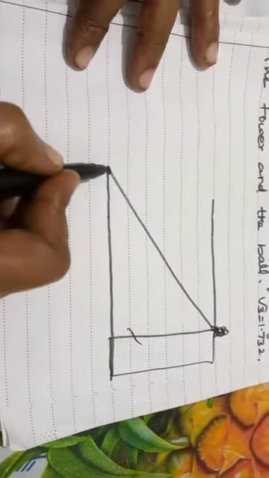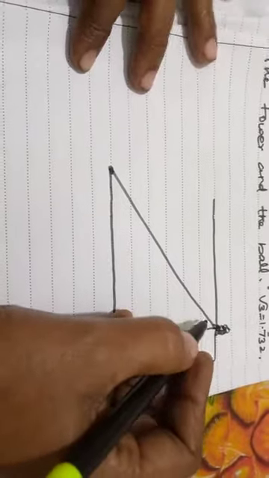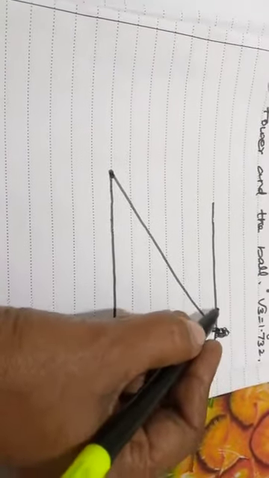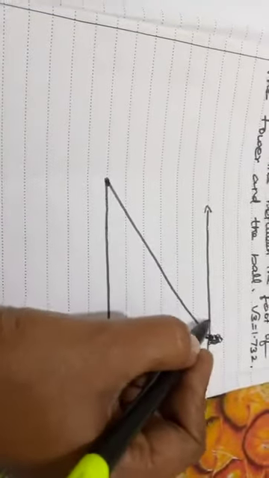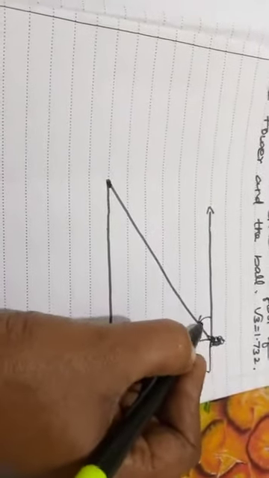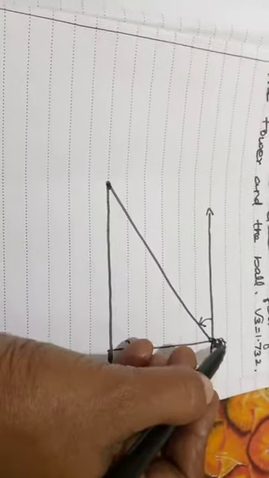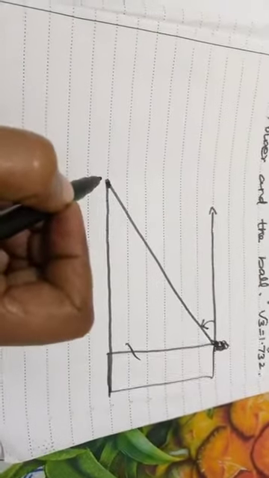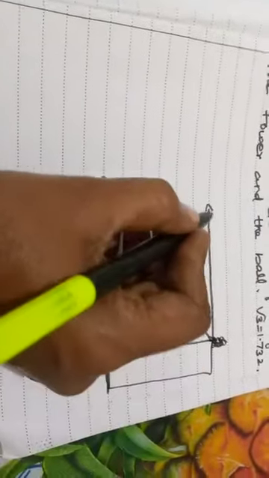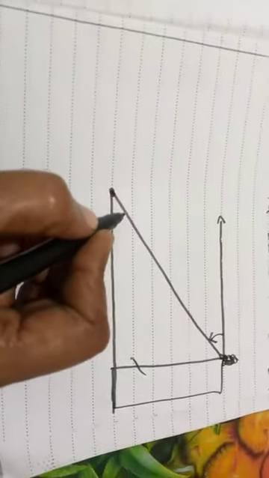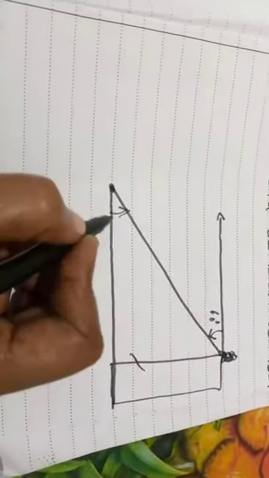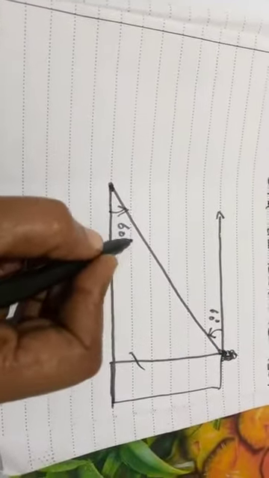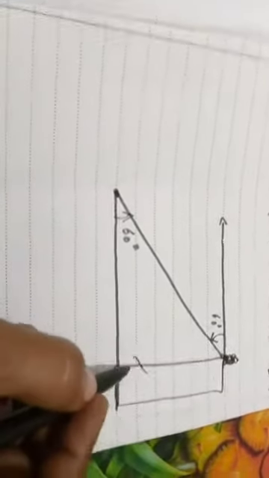The angle between the horizontal line and the line of sight is known as the angle of depression. It means the observer is at the top and the object is down. See this, these are alternate angles, and alternate angles are equal. So the angle of depression is 60 degrees, and the angle of elevation also will be 60 degrees. Did you understand the diagram?